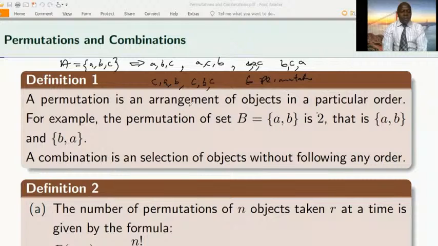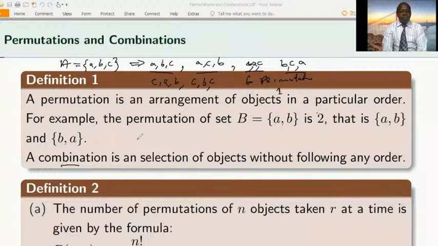So for these elements, though these are 6 permutations, this is just one combination. In terms of combination, it's regarded as one, because this is just the same as this, just the same as that. So they are all the same in terms of combinations. But in terms of permutations, we have 6 permutations.